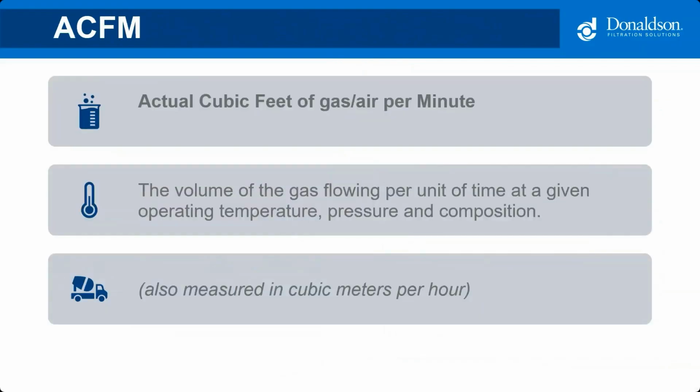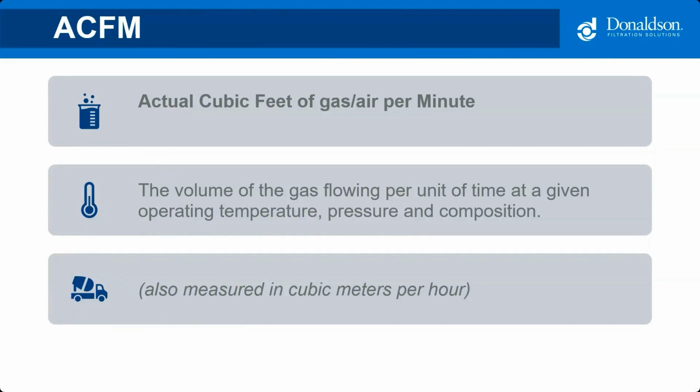So first off, ACFM, actual cubic feet of gas per minute. This is a volume measurement, okay? And so it's going to be measured in cubic feet per minute. And it's just quite simply the amount of air that you have going into your dust collector. And we'll get into why this is important. Most people don't have a full grasp of what their ACFM is at any given time.